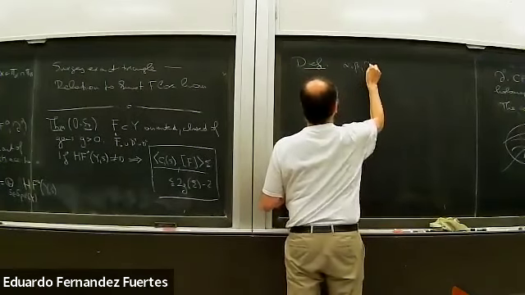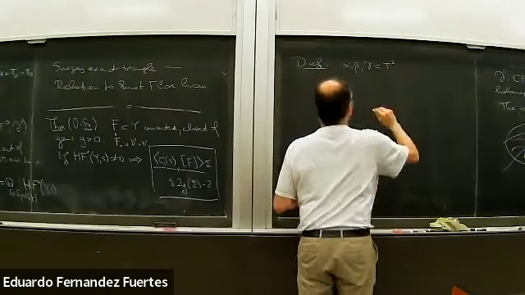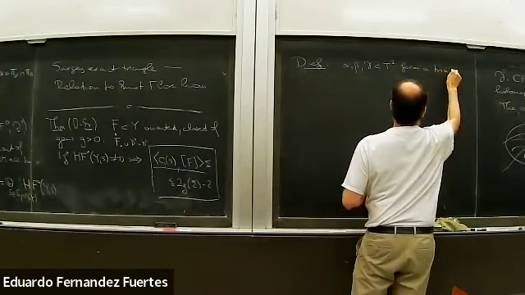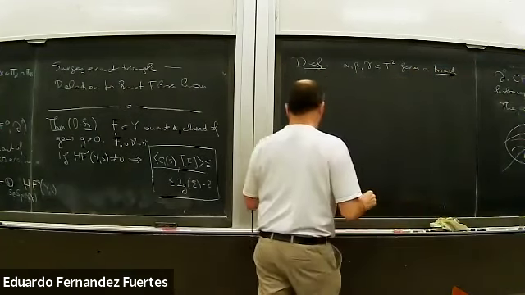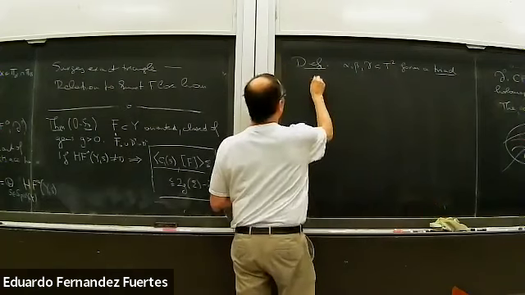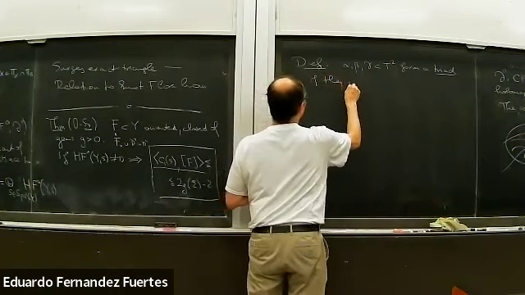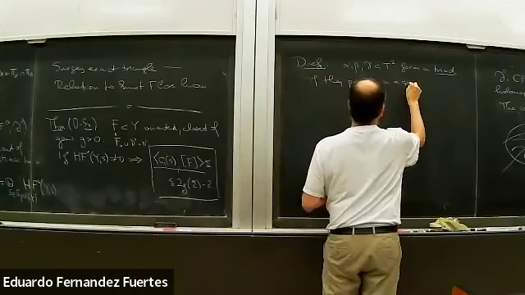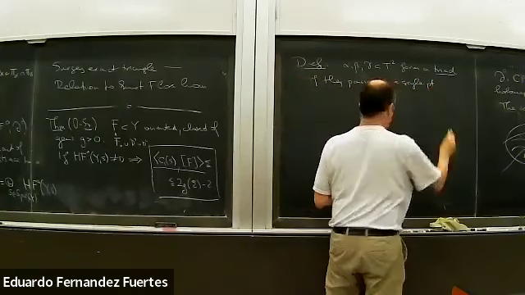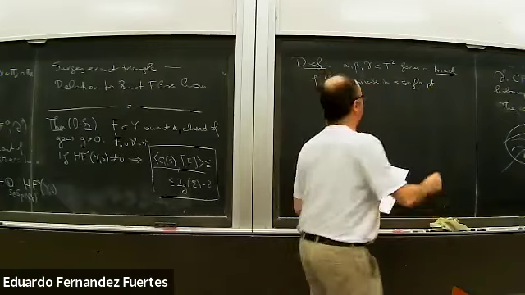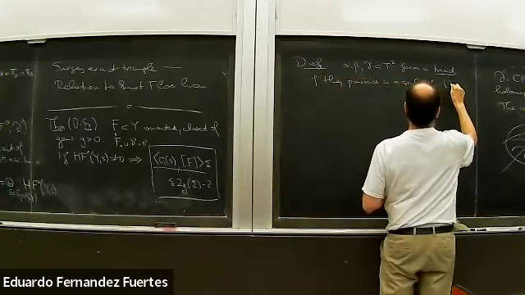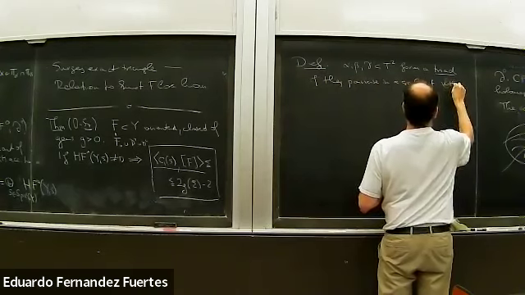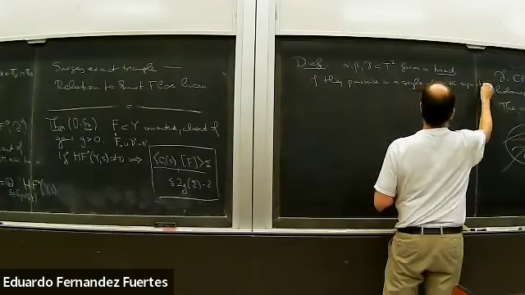Alpha, beta, gamma, simple closed curves in the torus, form a triad if they meet pairwise in a single point, and we can assume with sign minus 1.